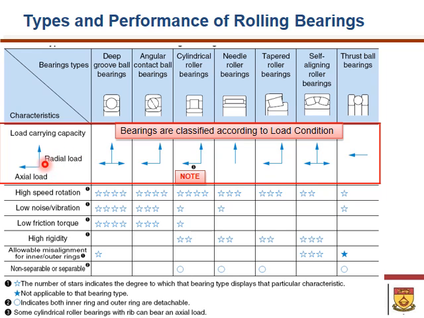But when it comes to loading size, the roller bearing has a better capability to accept higher radial loading as compared to a ball bearing. The ball bearing is more versatile because both radial and axial loading can work on it. Of course you also have needle bearing, taper, self-aligned roller bearing, and thrust ball bearing. You can look at the carrying capacities shown here.